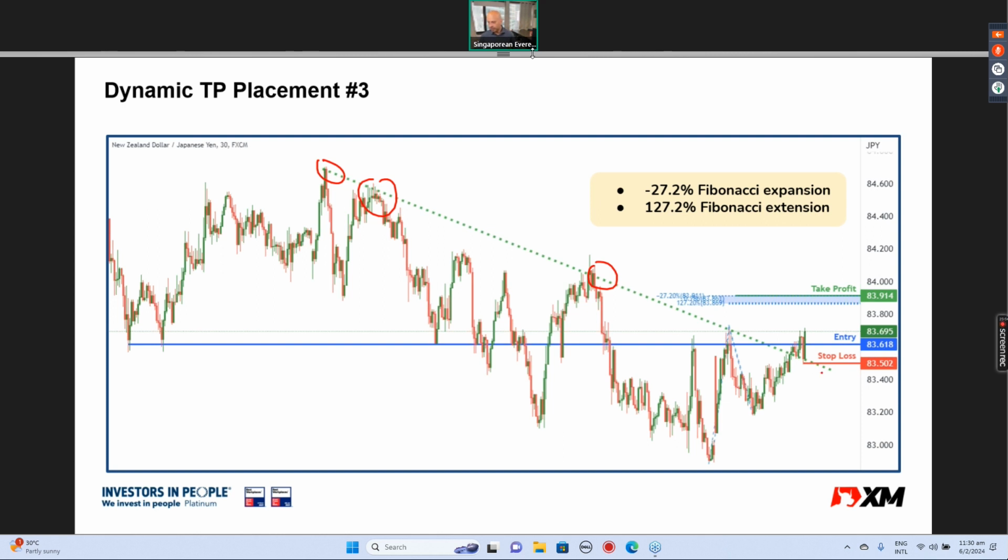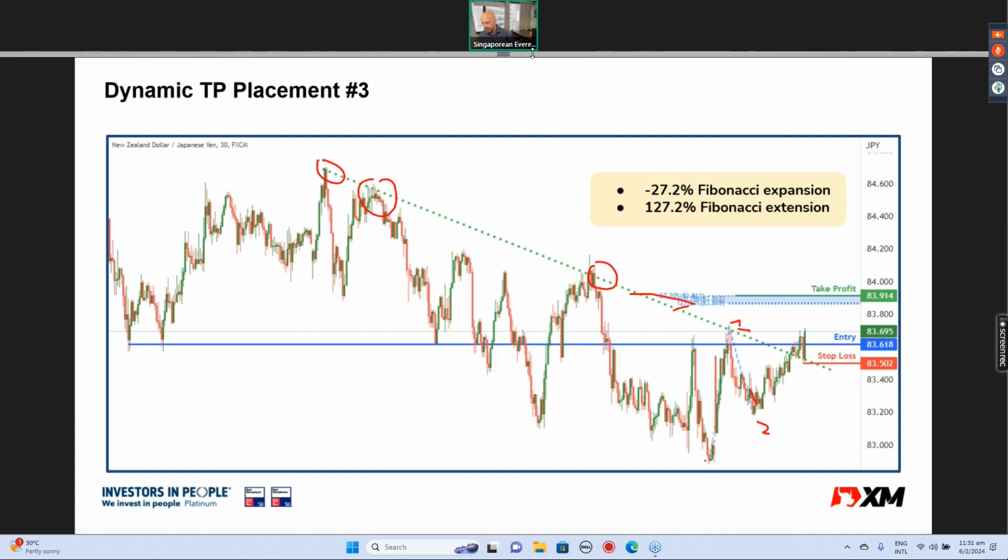We are putting a stop loss slightly below this pullback level here, as well as this descending trend line. And take profit has been identified via this Fibonacci expansion and Fibonacci extension. So Fibonacci extension is from here, 0.1 to 0.2, right? By looking at this extension here, we're looking at 127% Fibonacci extension.